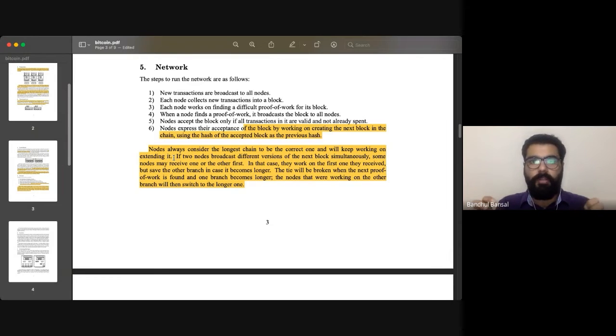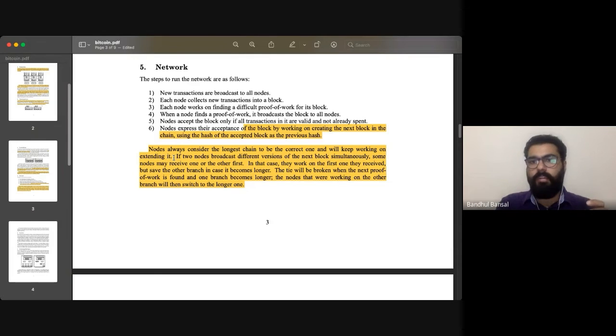In that particular case, what will happen is that the next block will link to maybe this block or to maybe that block, the next block that will be generated. If the next block is generated quickly on this side, then the chain that will be found will be of this block, right? And if the block is generated on the other end, then the chain that will be found will be of the other block.